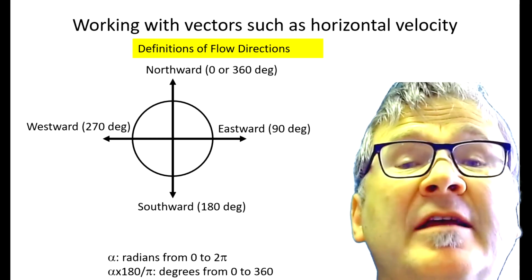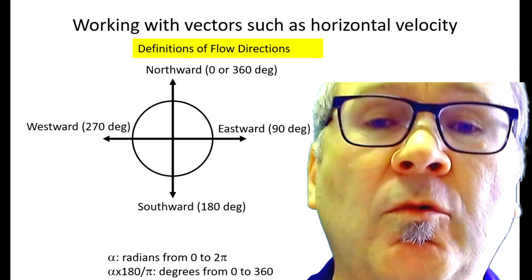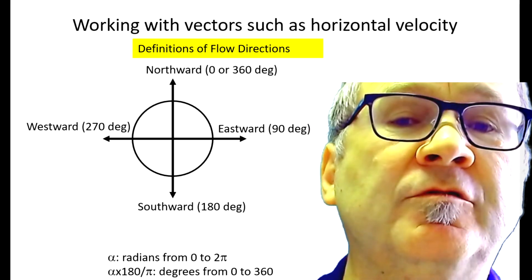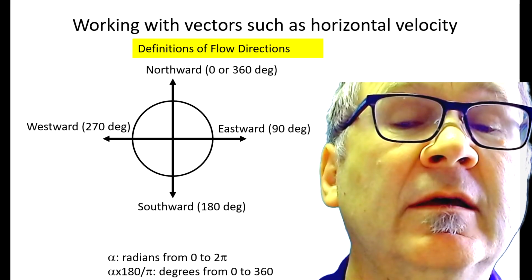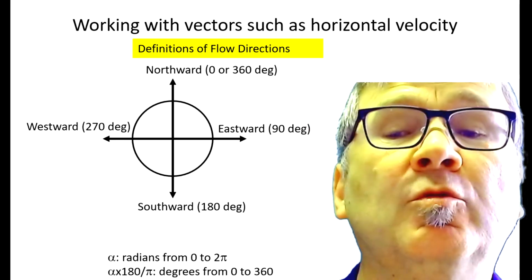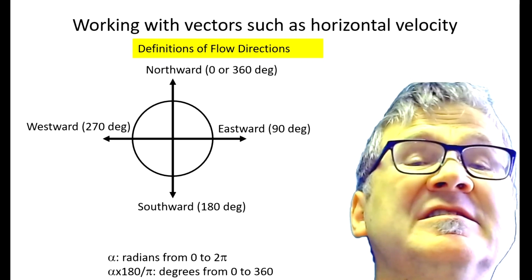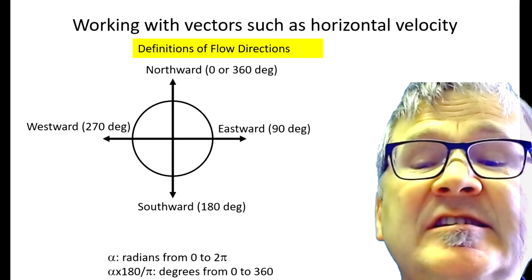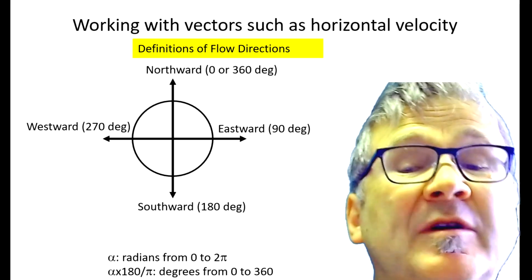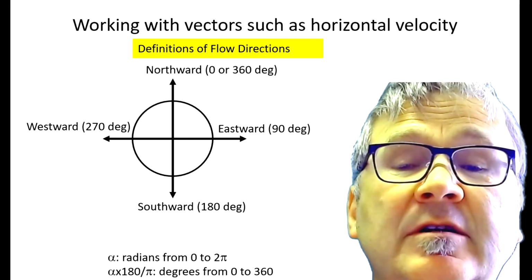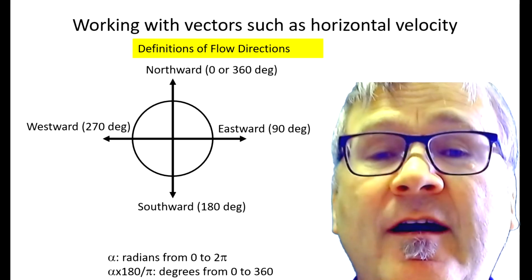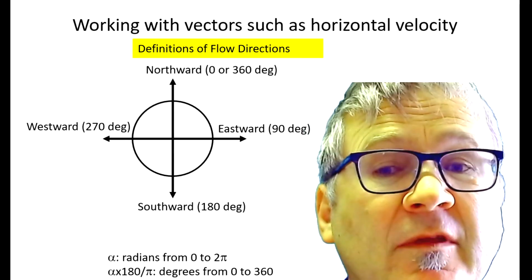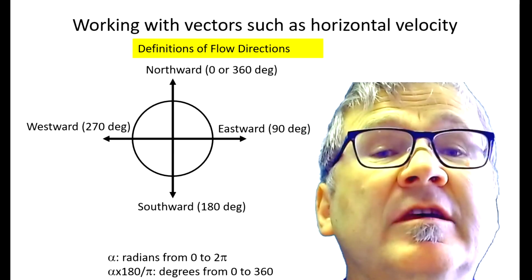If you throw an object into the water, the object would drift to the north. It's called northward. Eastward is 90 degrees, southward is 180 degrees and westward is 270. This is how you can define directions of flows in the ocean.